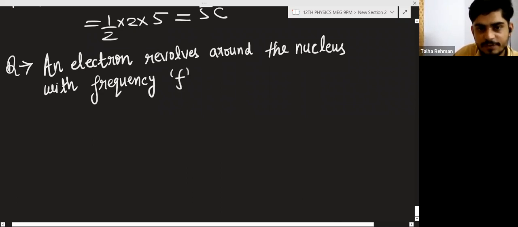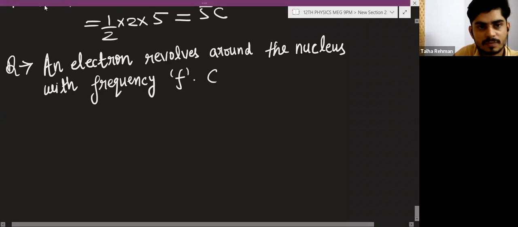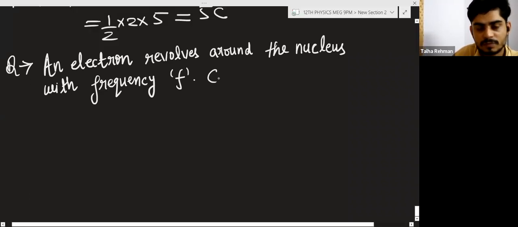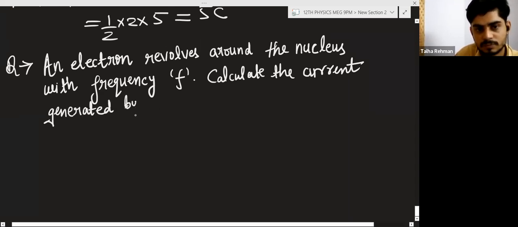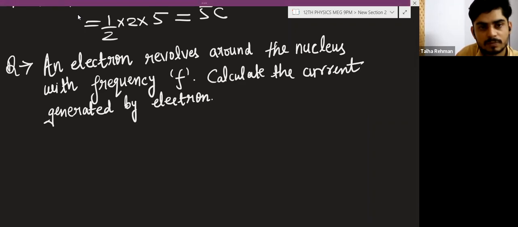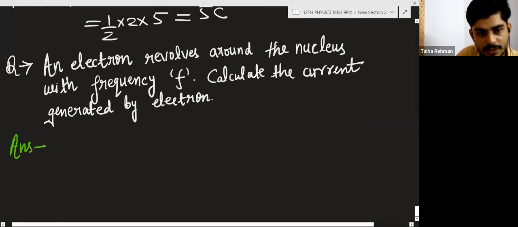This is small f, the frequency. We have to calculate the current generated by the electron.